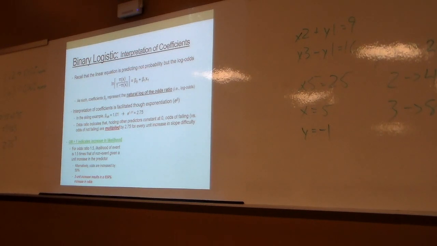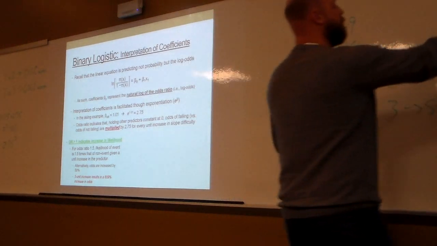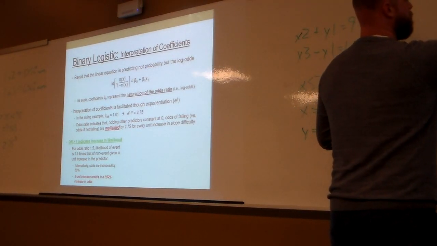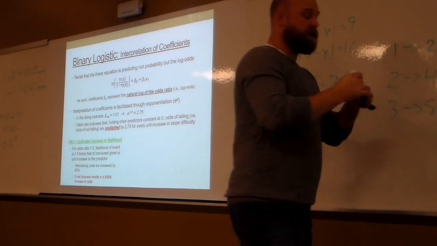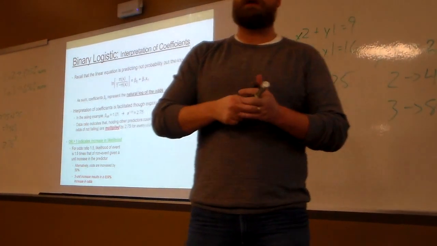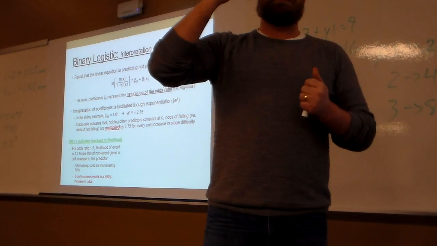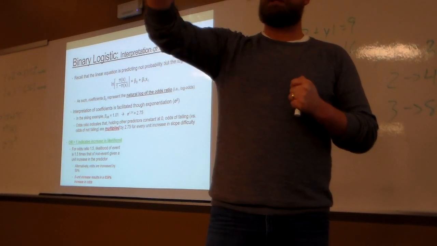What do you think, Kate? 1.5 to the 5th, and then minus 1. Yeah. So 1.5 to the 5th is what? 7.59. 7.59, right?